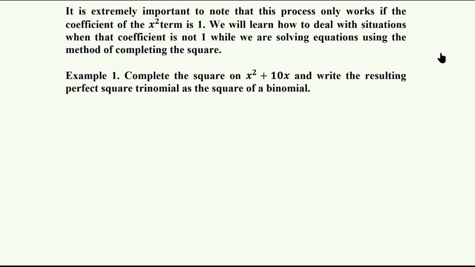But once you do remember that, then the process of completing the square here is quite simple. It's a two-step process. In the first step, we take 1/2 the coefficient of the x term, which is 10 here. So we take 1/2 of 10. That gives us 5. And then in the second step, we take 5 and square it to get 25.